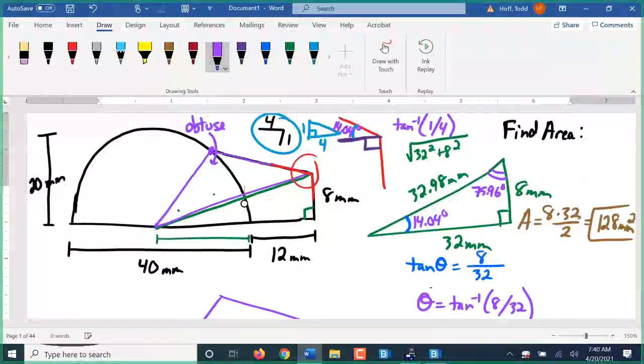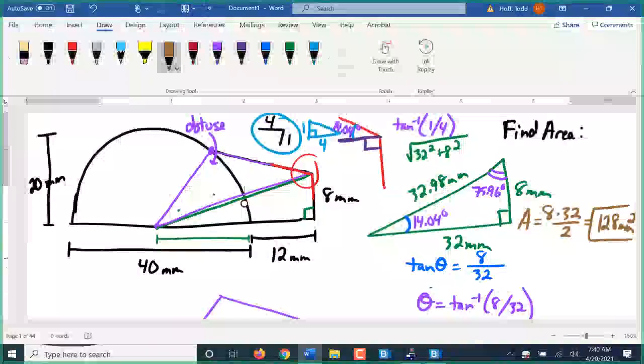So what that tells us then is that this complete angle from here all the way to here has to be how big?